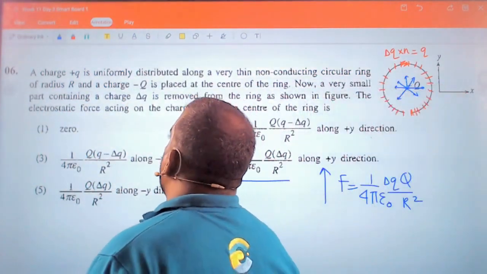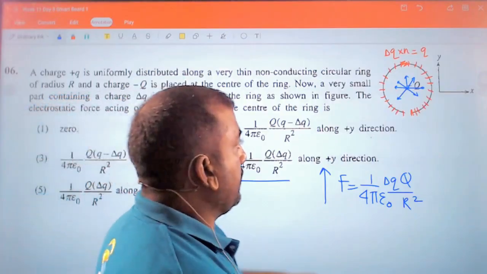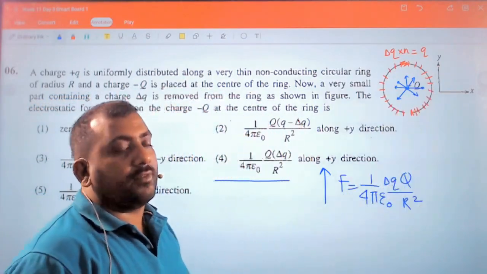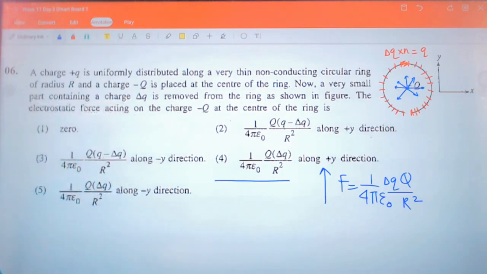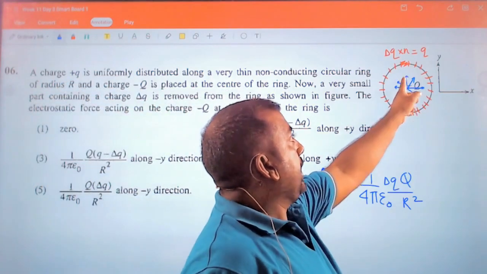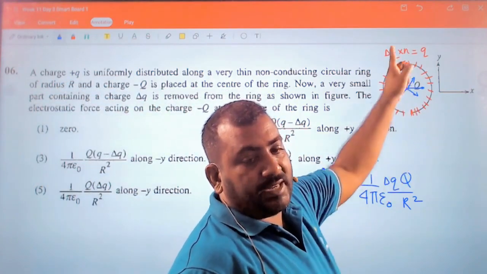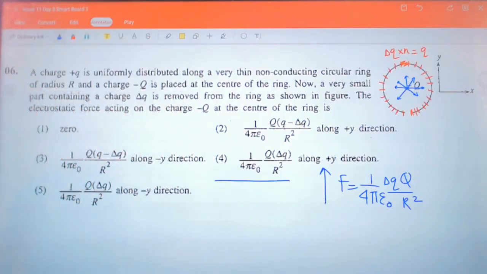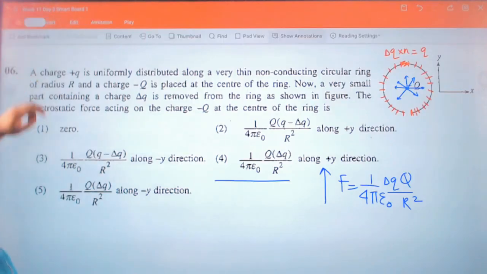All other forces will cancel each other off, except for the force opposite to the empty space. Okay. Right.